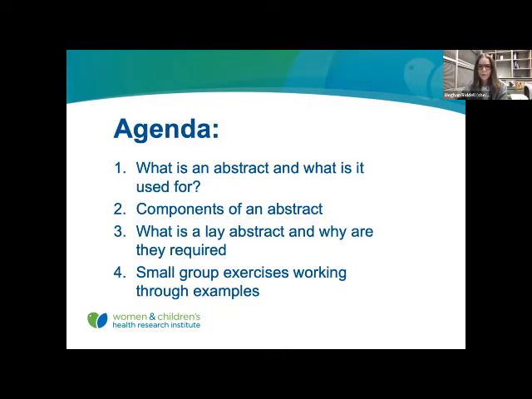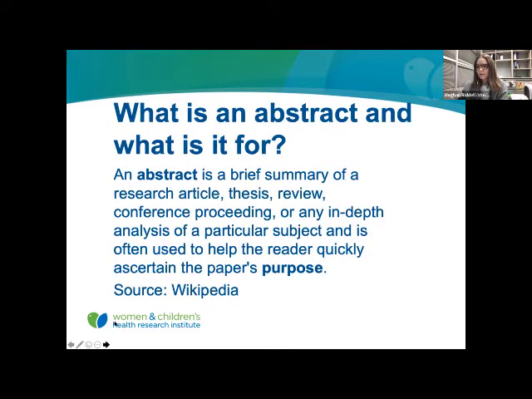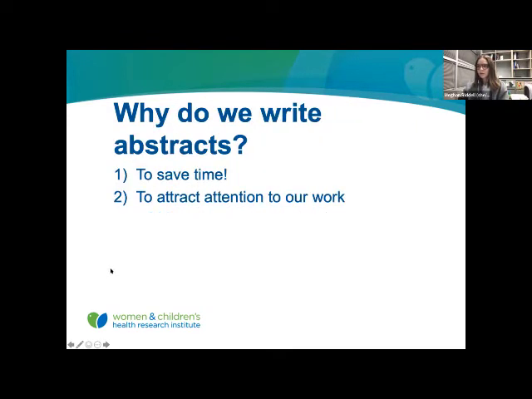So why we write abstracts ultimately is exactly for that. It's to allow people to quickly ascertain the purpose of a complex topic and have a brief overview of why we've done the work, and what the work will be or has been.